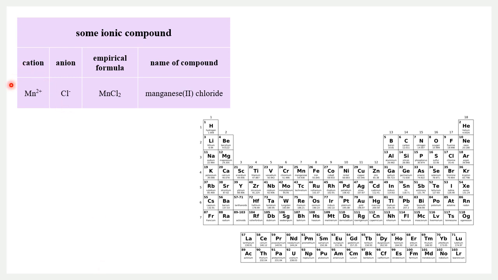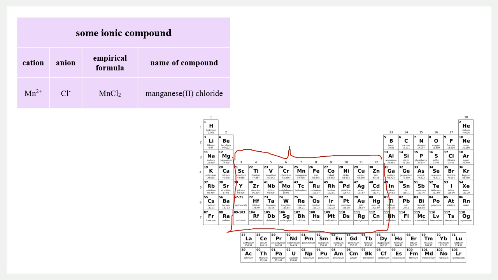So here we have manganese and chlorine. Manganese is a transition metal, and the transition metals are right here, this whole block.